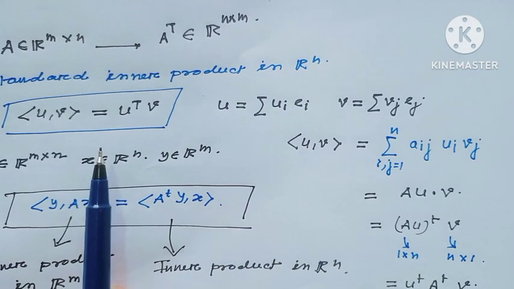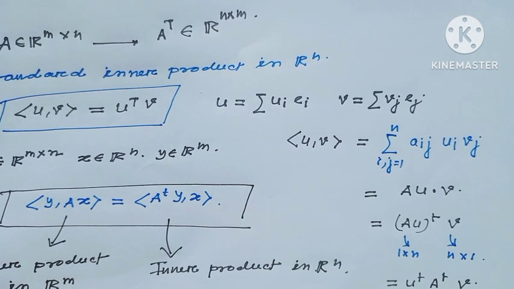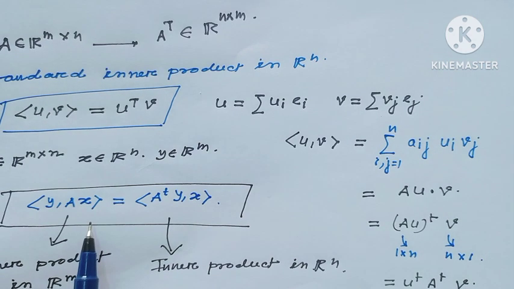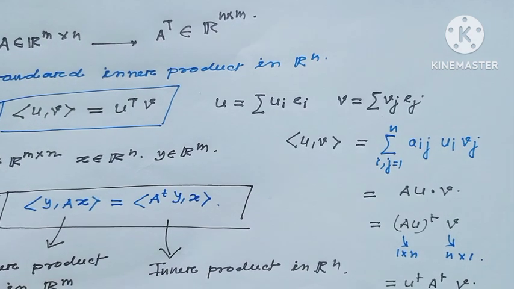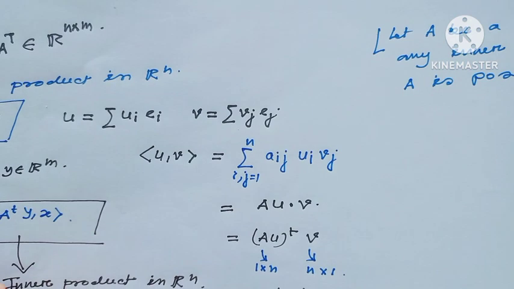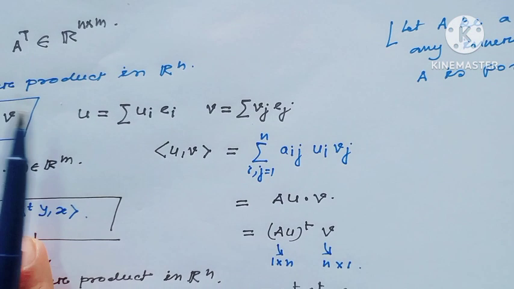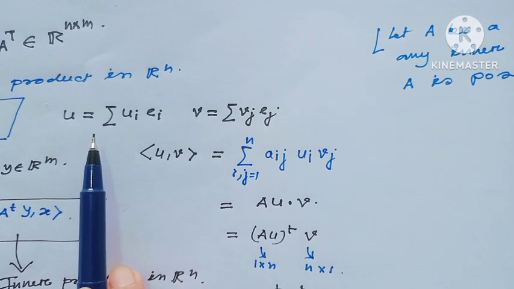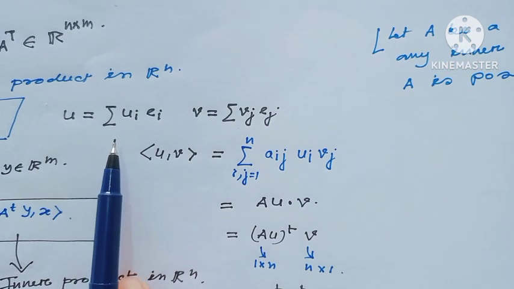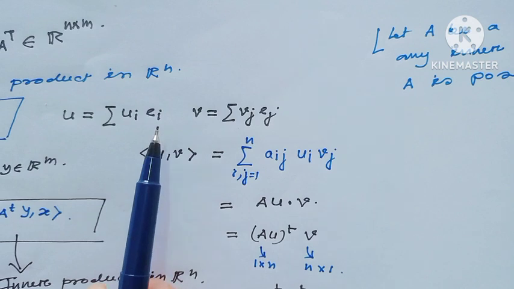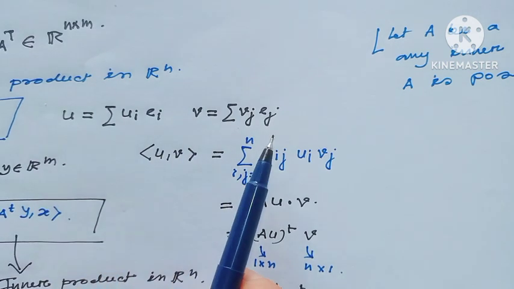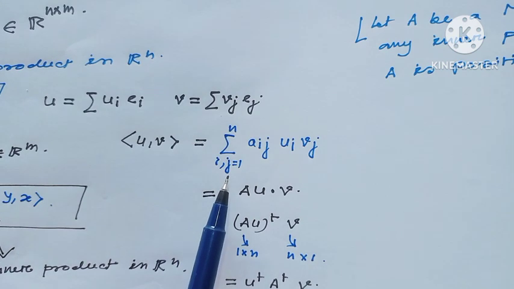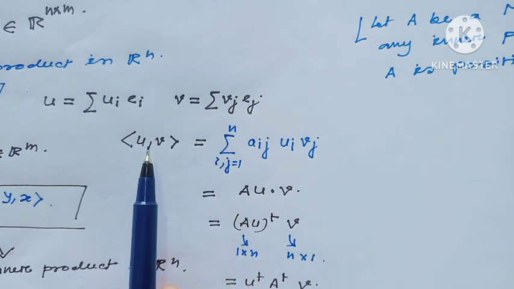Inner product U with V is equal to U transpose V, and because U is a member of Rn, we can write it as a combination of bases, U equal to summation Ui Ei and V equal to similarly Vj Ej. Therefore inner product U with V equal to summation i, j from 1 to N.